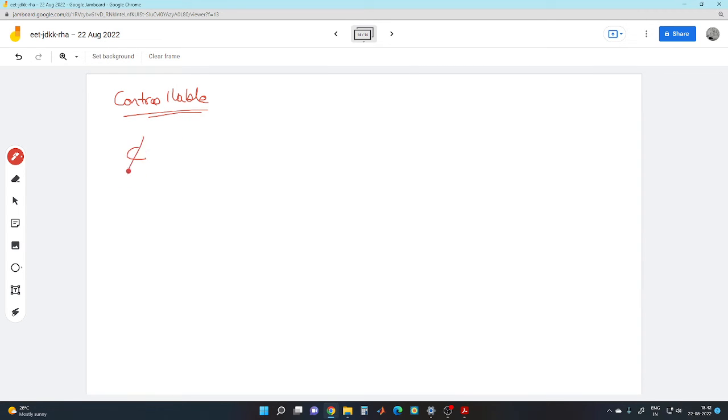For that, we make a C matrix, which is equal to a matrix of B vector, then AB vector, because it is a 2 by 2, n equal to 2. We don't need to go any further, but it is usually up to A to the n minus 1 B. So we have n equal to 2, so we only need to go up to B and AB.